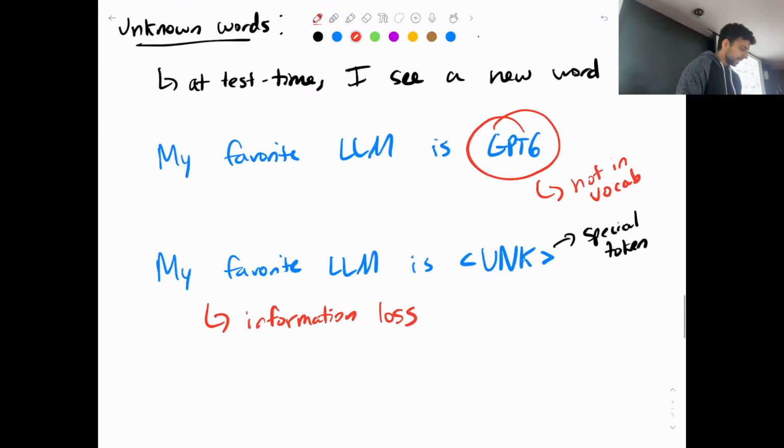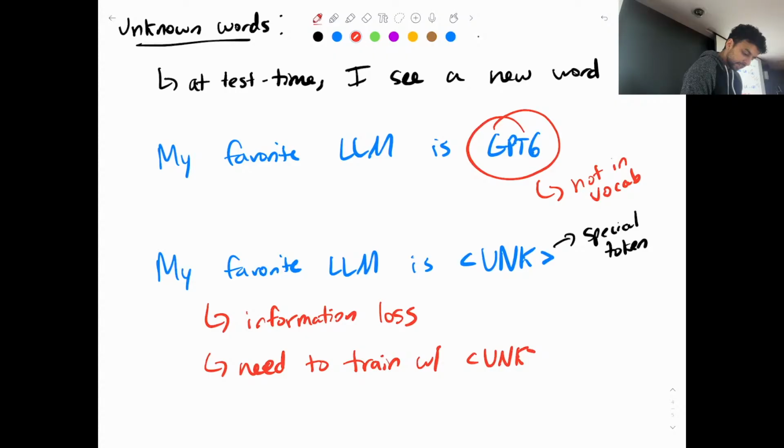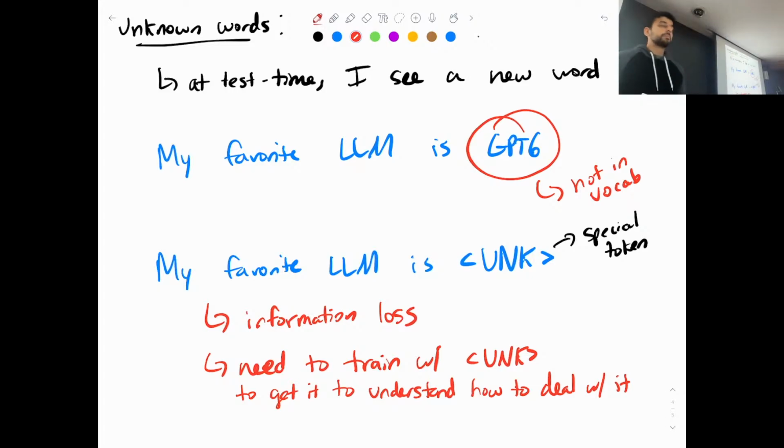So this means that I actually need to train my model with the usage of this UNK token to get it to understand how to deal with it. Meaning that at training time, in all of these cases where you're using this UNK token, I'm going to replace some percentage of the rare words in my vocabulary.